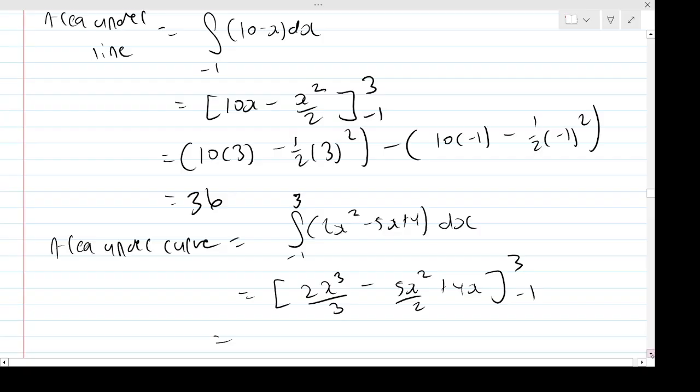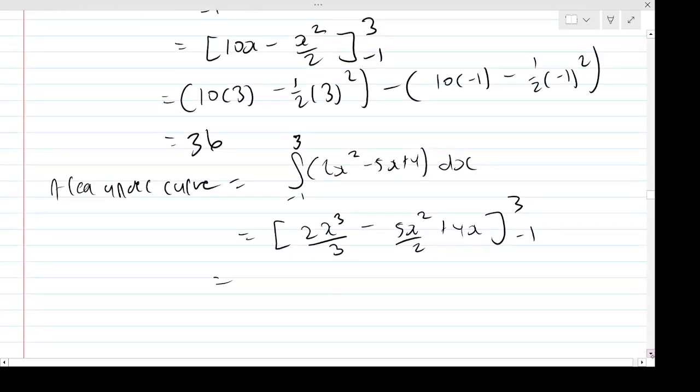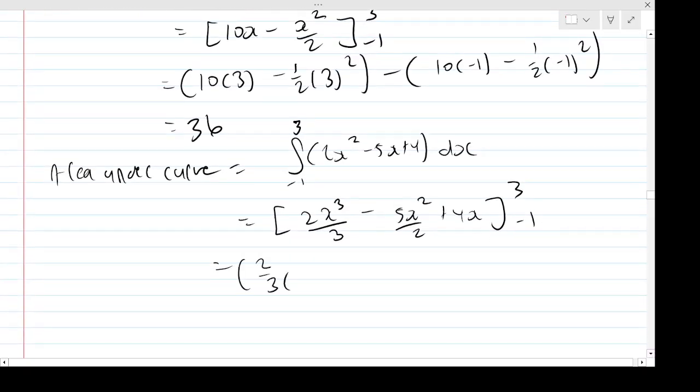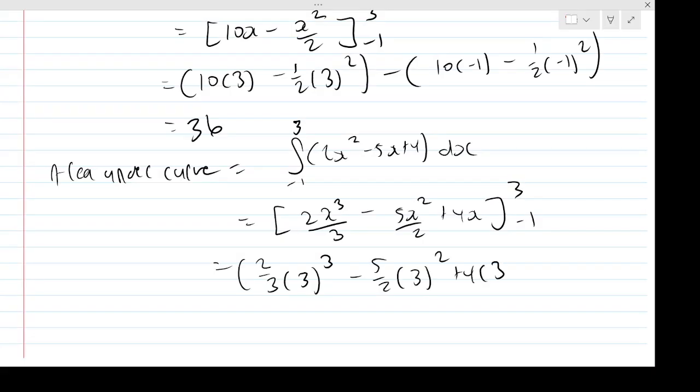If we plug in the two limits, we're going to get 2/3 of 3 cubed, take away 5 over 2 lots of 3 squared, add 4 lots of 3. Then I'm going to take away, plug in minus 1. So that'd be 2/3 of minus 1 cubed, take away 5 over 2 of minus 1 squared, add 4 lots of minus 1.